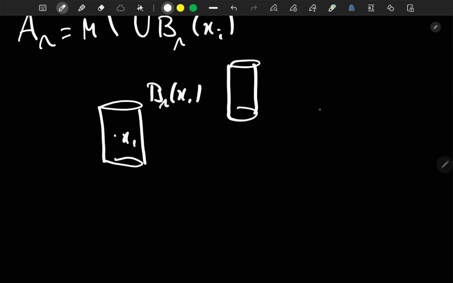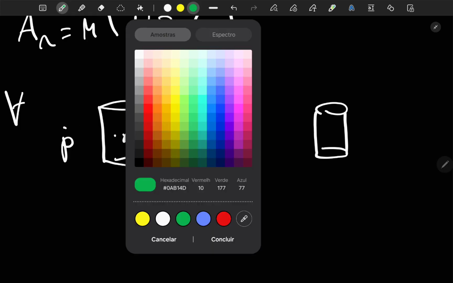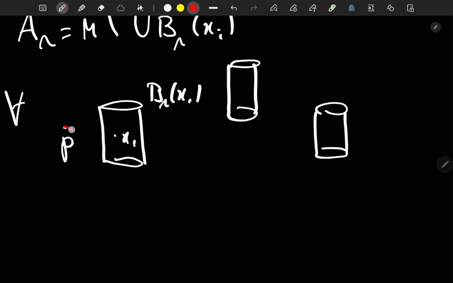So you have many balls, and what the lemma says is that for every point P outside of these balls, you can connect, using a US path with two legs, the point P with those balls. So any point you can connect like this.